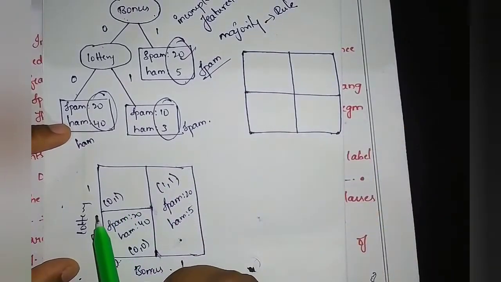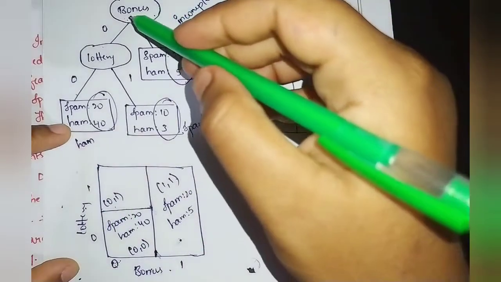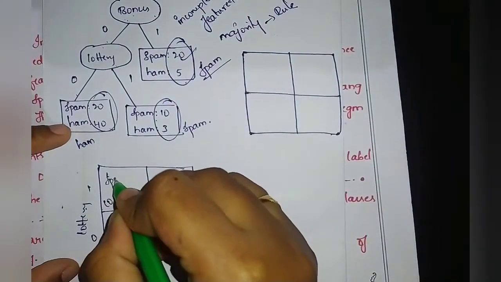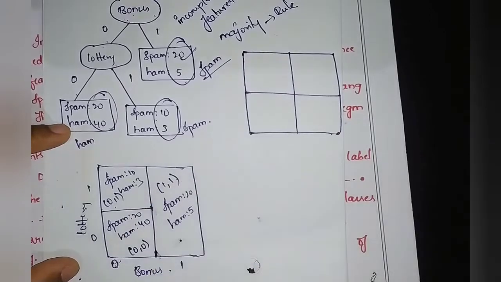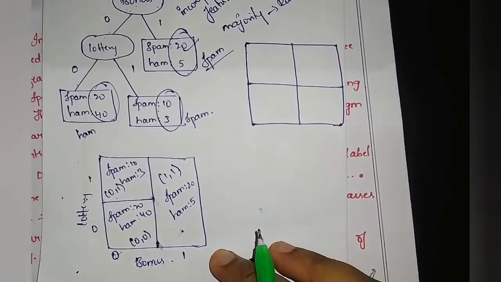And when lottery equal to 1 and bonus is 0, bonus is 0, lottery equal to 1. So this is how we give our instance space partitions. Fine. So hope you guys are clear.